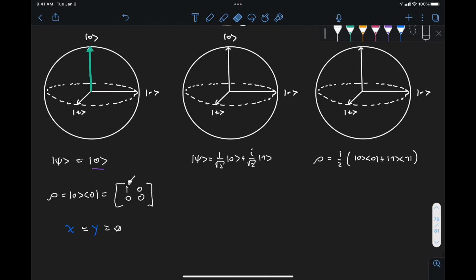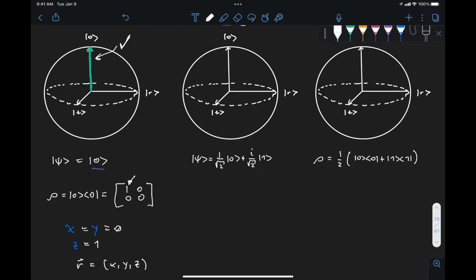So that means that z must be equal to 1. And in Cartesian coordinates, that corresponds to this vector we had drawn here when we used the state vector representation. So by using the Bloch vector, where we have the components x, y, and z, we have arrived at the same visual representation inside the Bloch sphere.